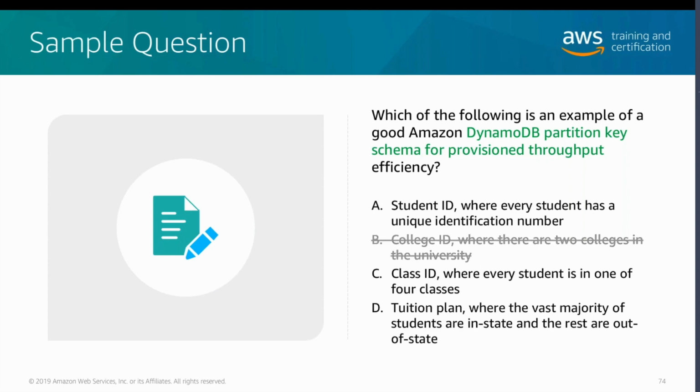Class ID, where every student is in one of 4 classes. Well, if there's only 4 classes, that means there's only 4 unique values. Again, that might not be a very good idea. Tuition plan, where the vast majority of students are in-state and out-of-state. Well, that seems to limit it down to 2, so not a good unique key there. So student ID then would become the best answer in that particular question.